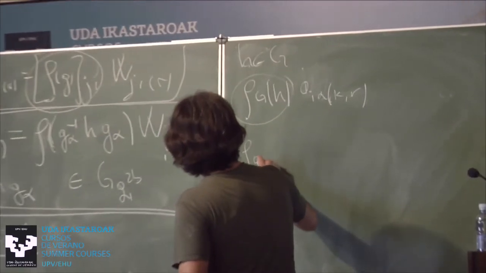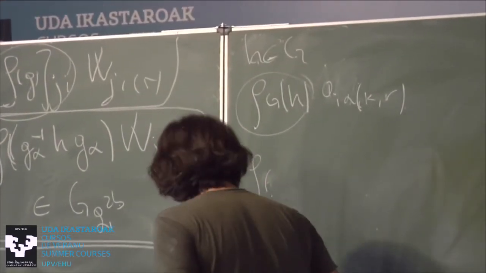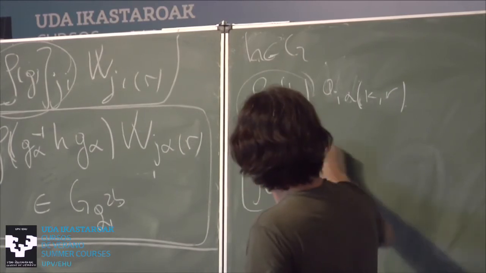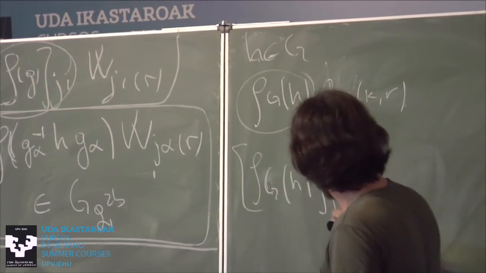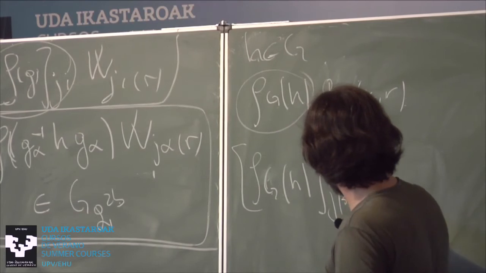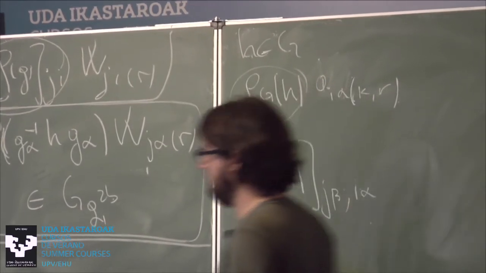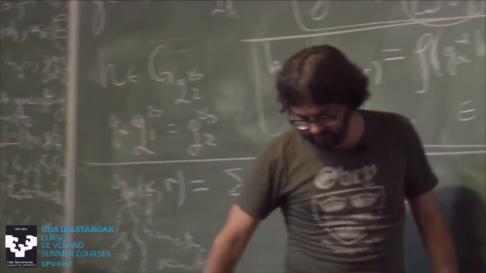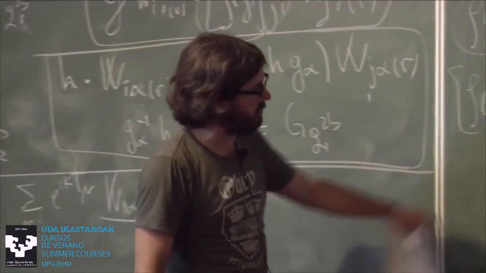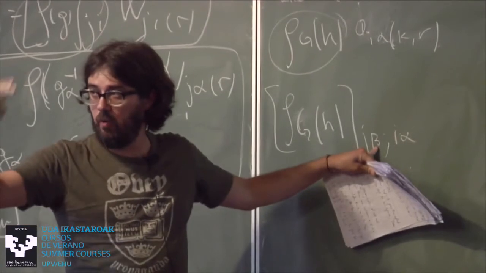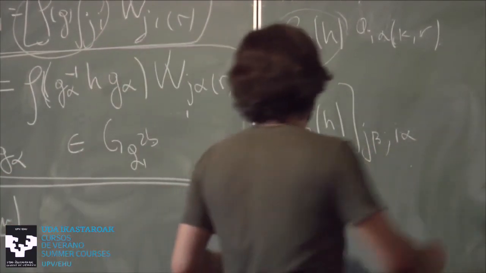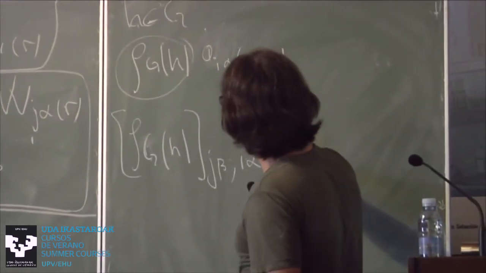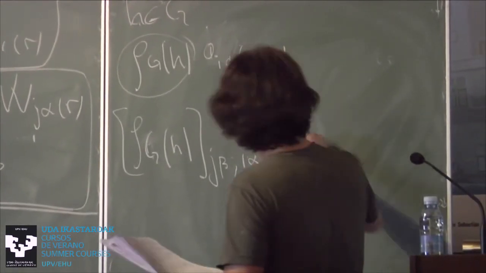It's got this form, rho G of H. Its index is given by two sets, right? Because I and J run from one to the dimension of the representation of the site symmetry group. Alpha and beta go from one to the multiplicity of the Wyckoff position. It has a momentum because it acts on something with a momentum.